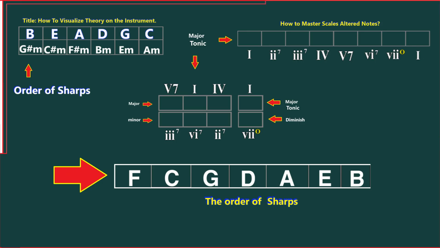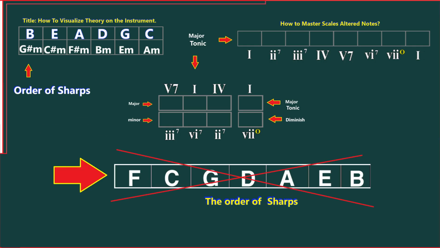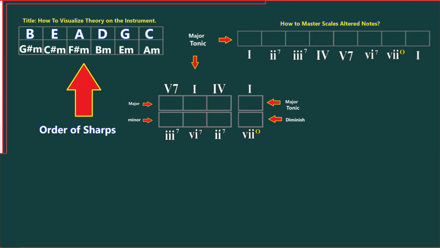This pattern isn't typically highlighted in traditional theory graphics like the circle of fifths, but it is embedded in the guitar's tuning and layout. In fact, if you play E open string, A 5th fret, D 10th fret, G 15th fret, C 20th fret, you're literally walking through the order of sharps via fourths, visually and physically.